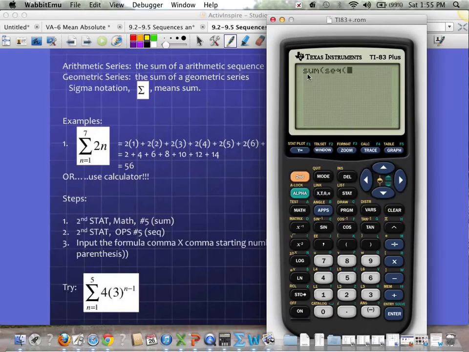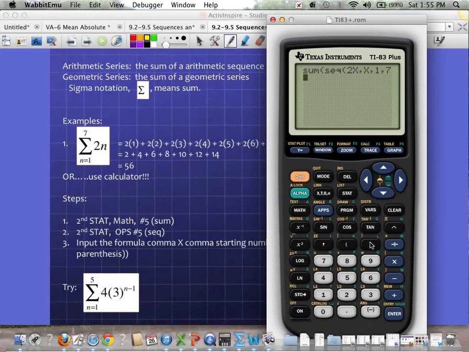So you have sum, sequence. Then you're going to type in your formula. In this case, my formula is 2n. So it's 2x. And you put a comma. And then you're going to put whatever letter you're using, which I use x's all the time, and a comma. And then you're going to put your first term, which is 1, and a comma, and your last term.